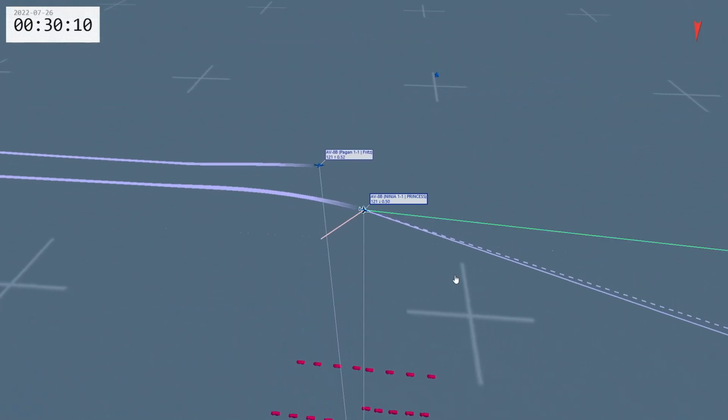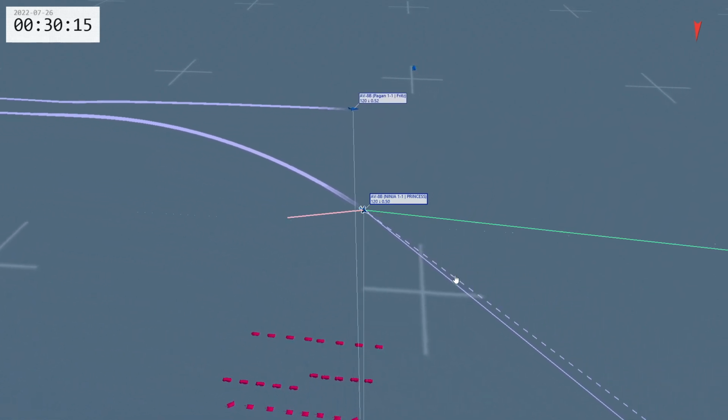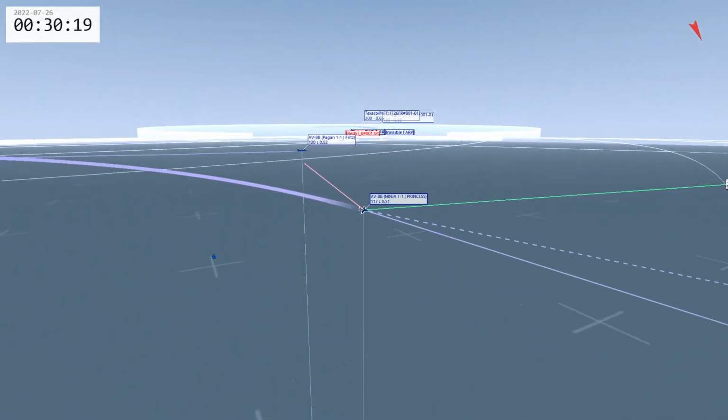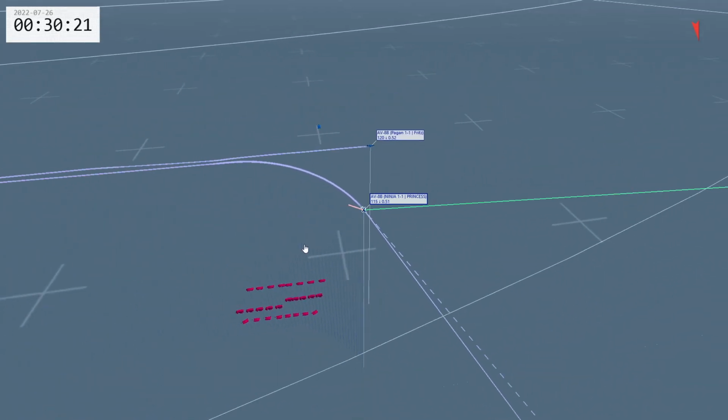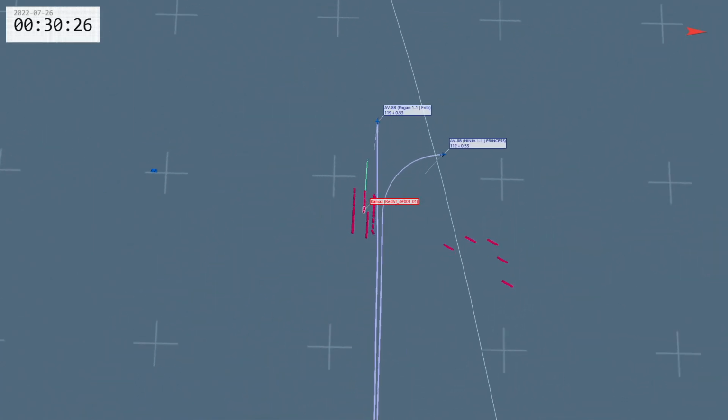Now in this example you can see that I, as the flight leader, have broken first, and I'm descending from 1200 feet down to 1100 feet, so from the join altitude down to the pattern altitude. I'm just going to center on this truck here.